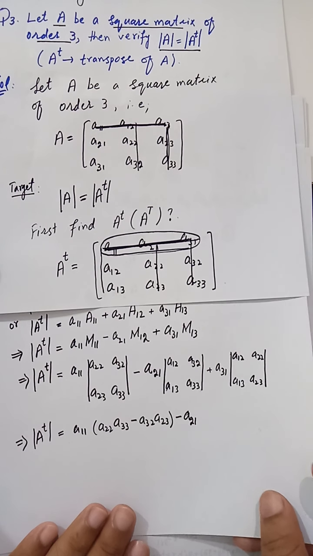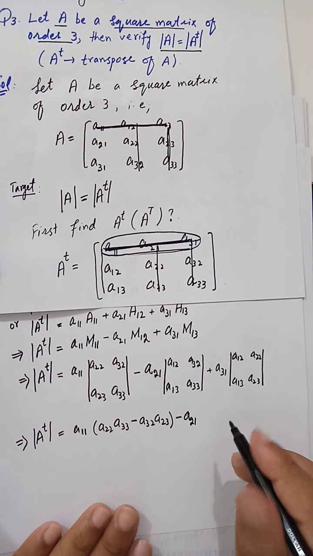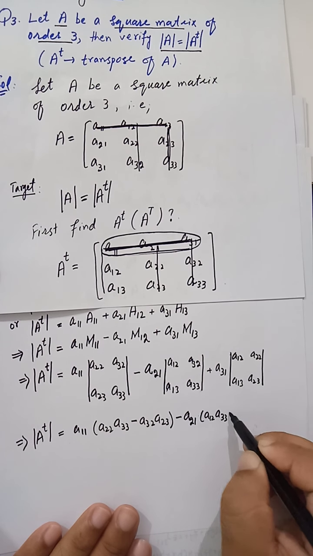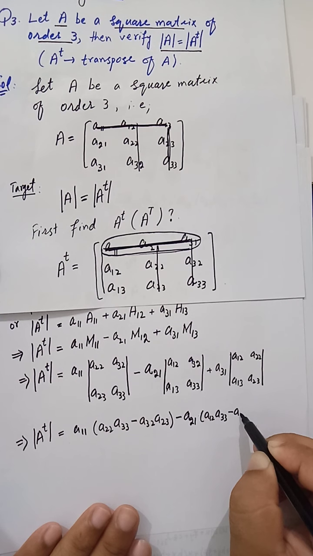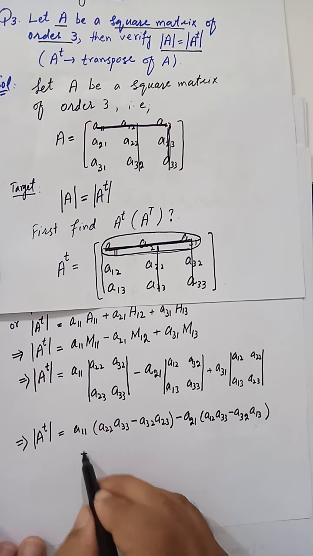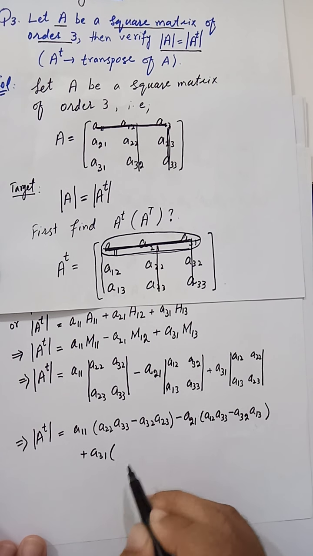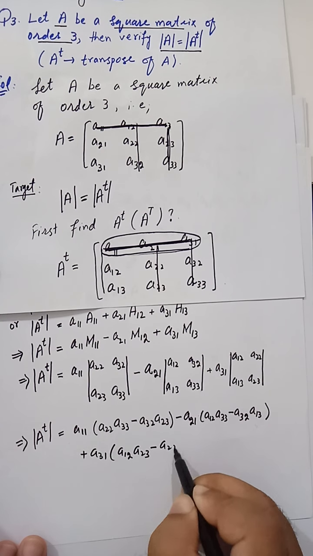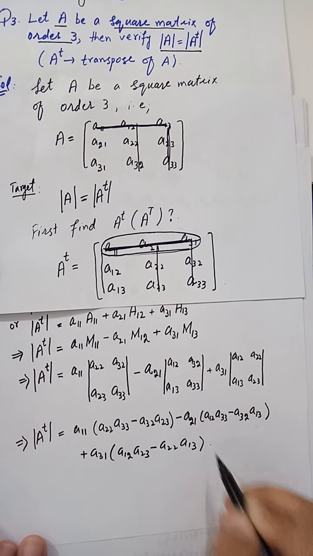Minus a21, and this will be a12 a33 minus a32 a13, plus a31 times a12 multiplied by a23 minus a22 multiplied by a13.